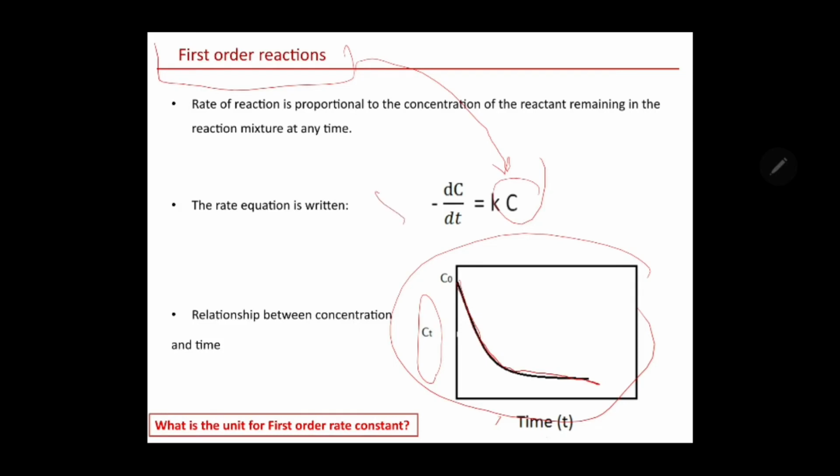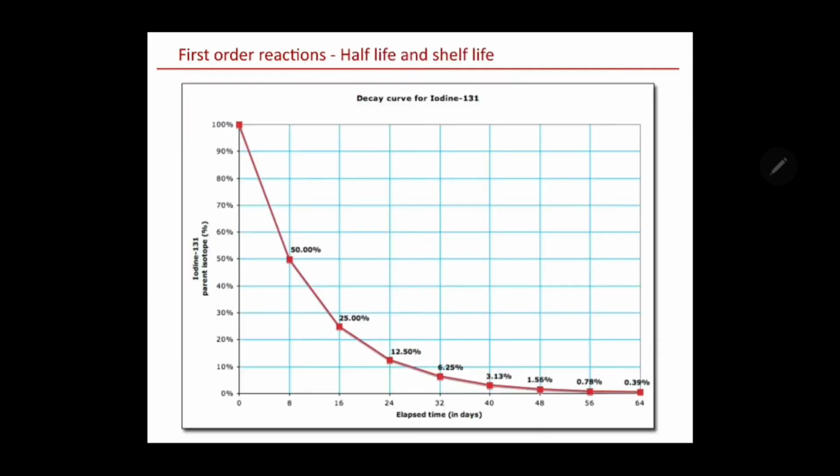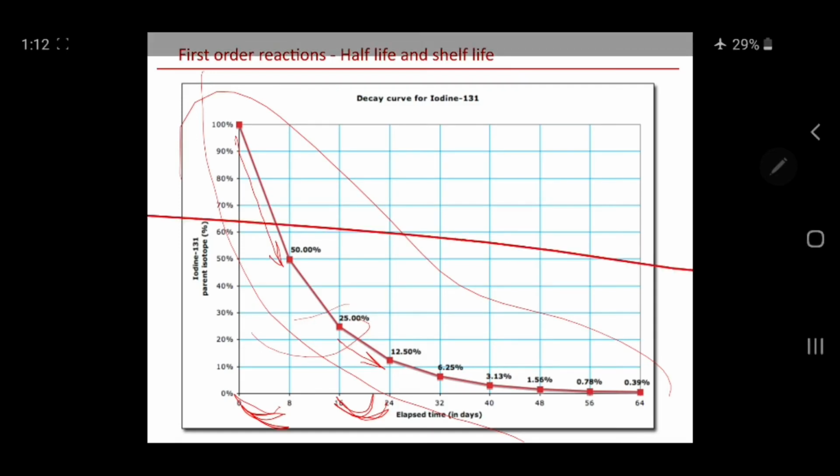So these are first order reactions, and this is another example. We can take, for example, this block here, and you see what a change in the concentration has happened. But if we take this block here, the change is much less. The rate of the reaction is much less because the concentration of the reactant has decreased.